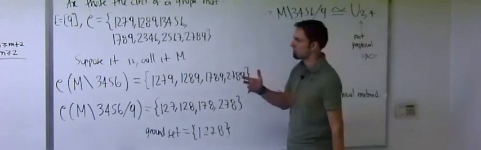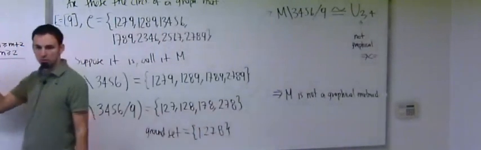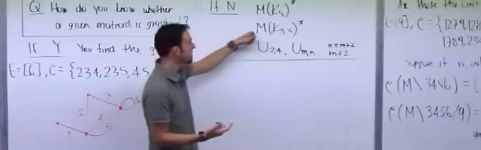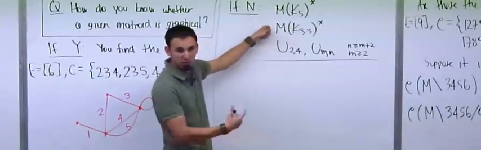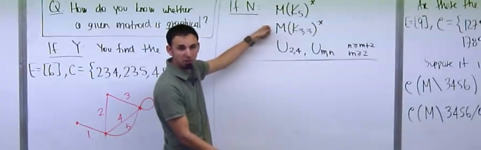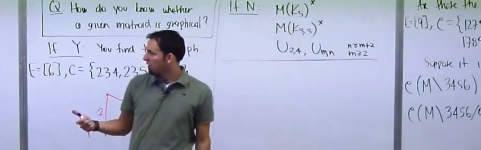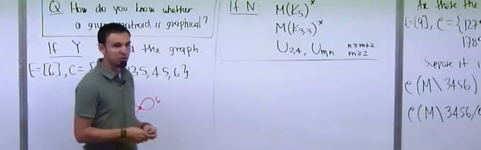Okay. And in this case we found U24, but you might have found this one. If you find this matroid living inside a matroid that I give you, then you know it's not going to be graphical. And the crucial property is that graphical matroids are closed under taking minors.